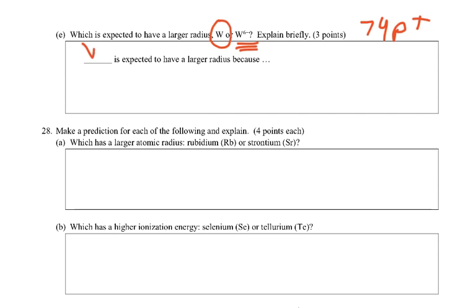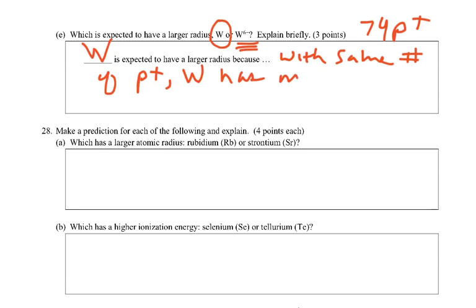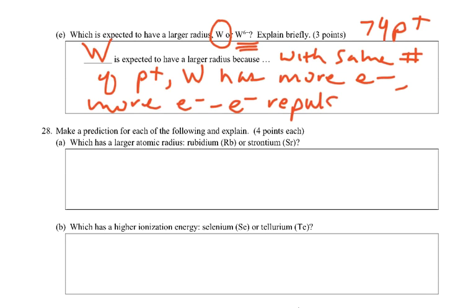So the larger one is going to be tungsten neutral, because with the same number of protons, tungsten has more electrons, and therefore more electron-electron repulsion. And that is going to make it a little bit larger atom.